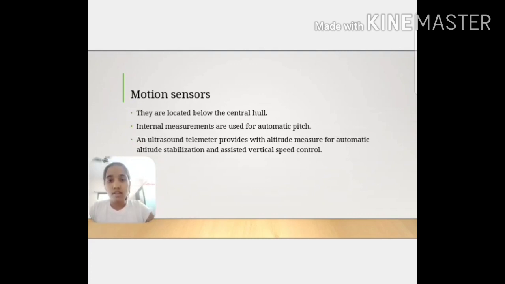Motion sensor. The motion sensors are located below the central hole. The motion sensor is nothing but a circuit which has two outputs and one input. The main working of the motion sensor is that any living organism generates heat inside the body and exposes the heat.